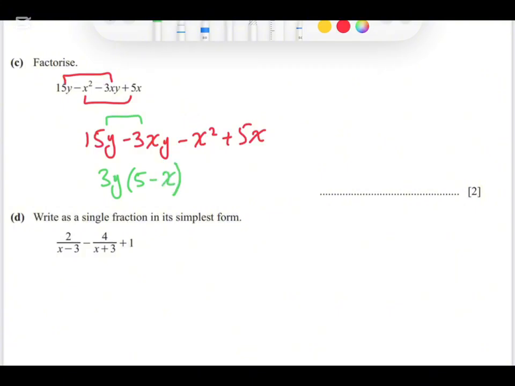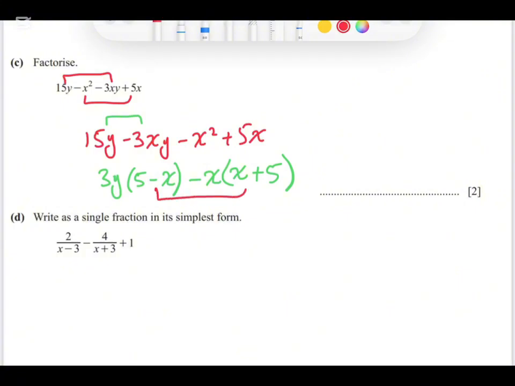This is what I have right now. I have taken 3y common, so I have 5, and this will be x. Now negative x is the common factor, so now what I have is x plus 5. But as you see, these two brackets are not the same.